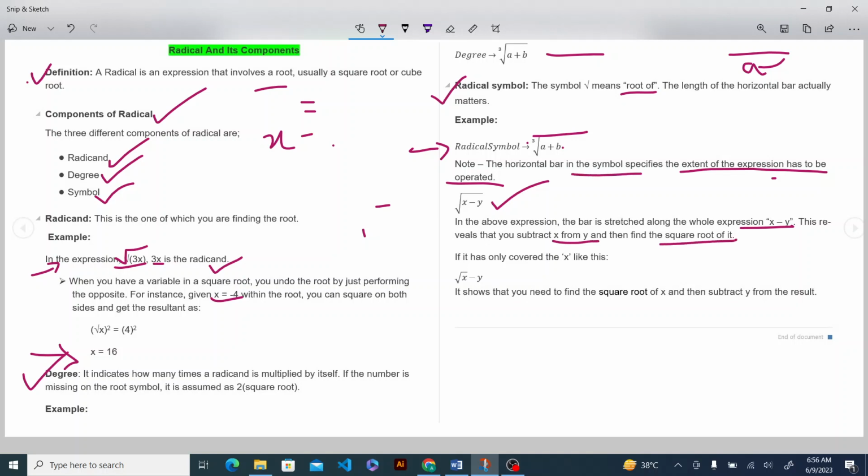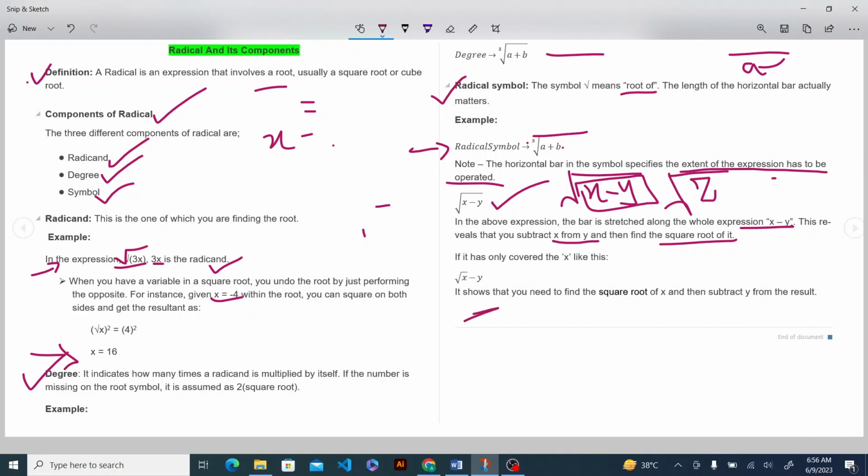This is showing that firstly you are going to operate on these two variables, x minus y. You subtract y from x, and if the value z comes after subtracting, then you take the square root of z. The other example is under root x, minus y.